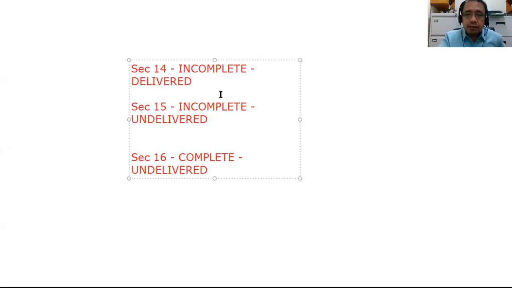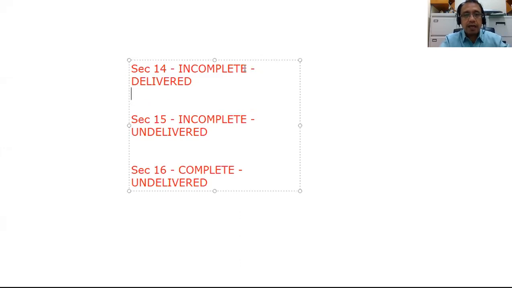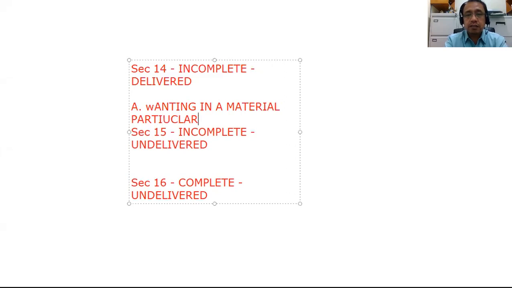Section 14, which deals with what we call as incomplete instrument. There are two kinds of incomplete instrument. Yung tinatawag nila na instrument which is wanting in a material particular. Okay, wanting in a material particular. So that's the first kind of incomplete instrument.